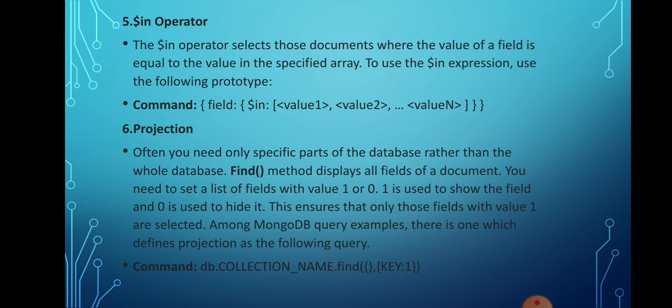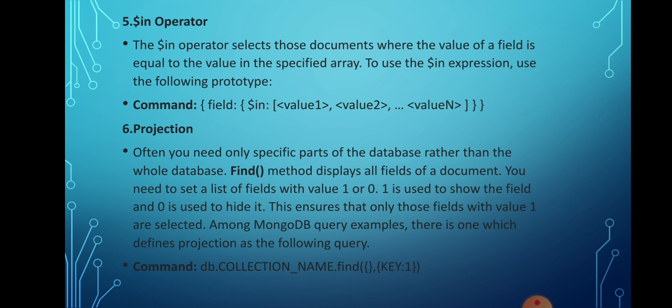Now the next command is projection. Often you need only a specific part of the database rather than the whole database. The find method displays all fields of a document.